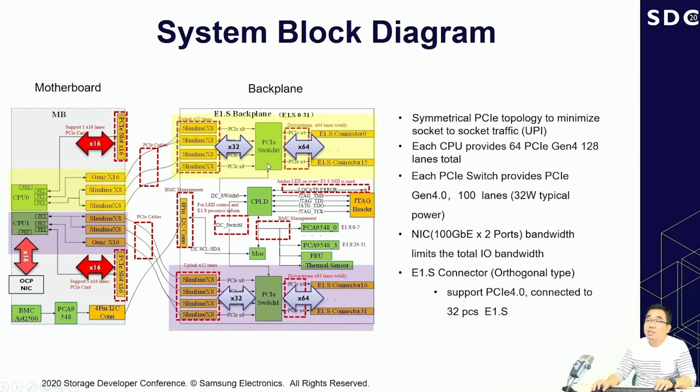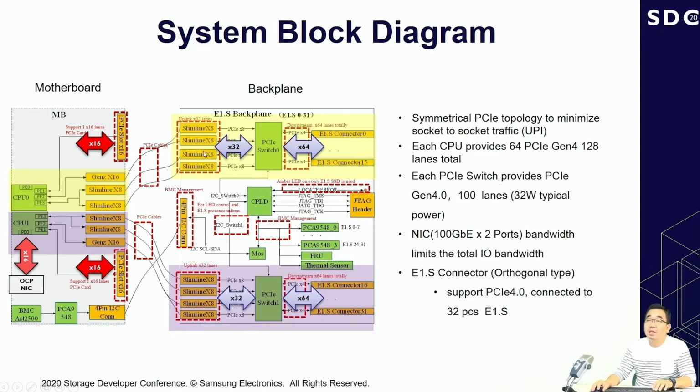On each PCI switch, 16 SSDs are connected by 4 lanes, so there are a total of 64 lanes connected to the PCI switch on the downlink.